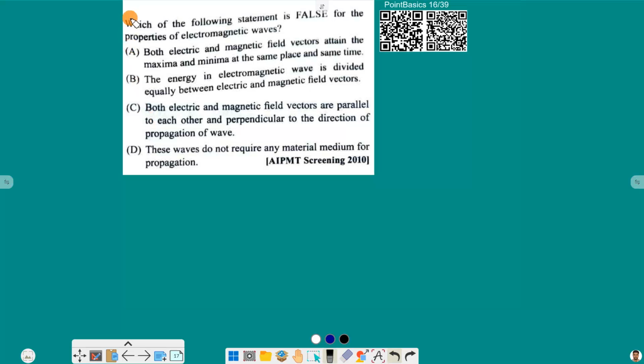So here, which of the following statements is false for the properties of electromagnetic waves? Both electric and magnetic field attain maxima and minima at the same place in the same time.